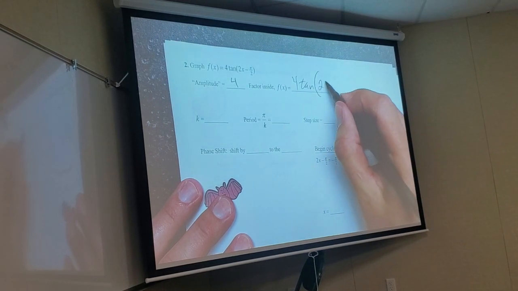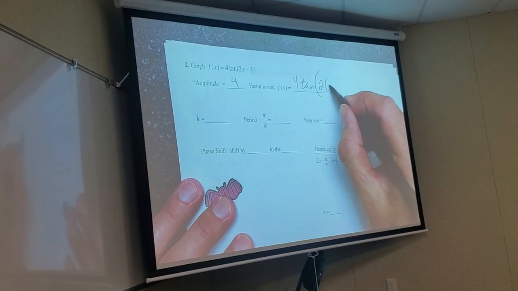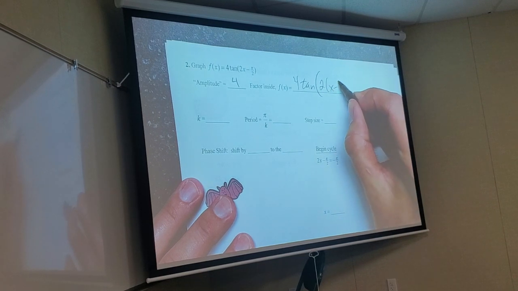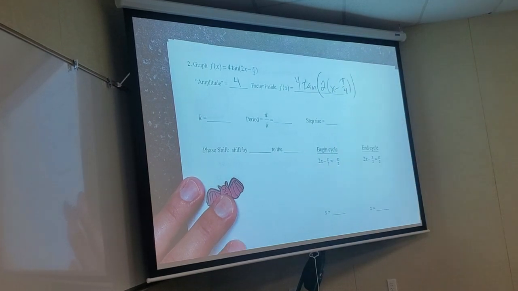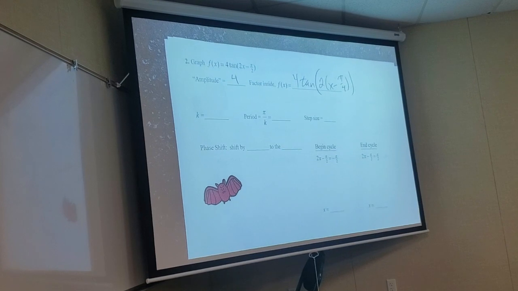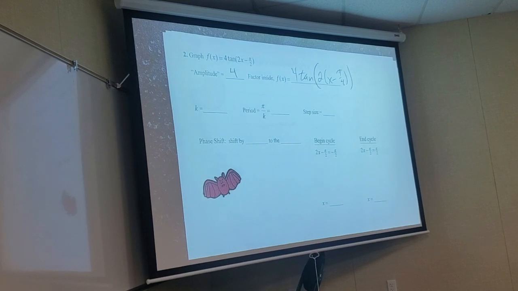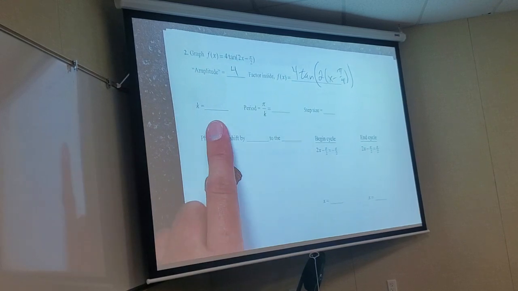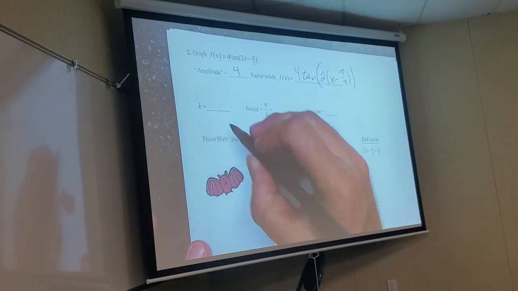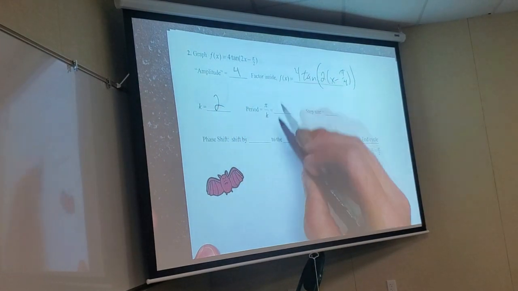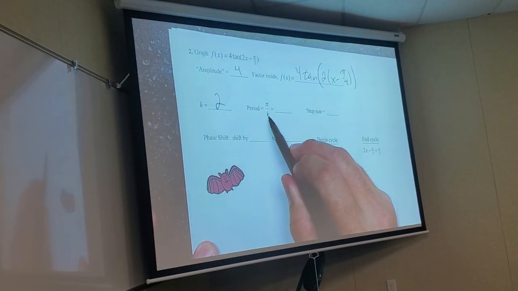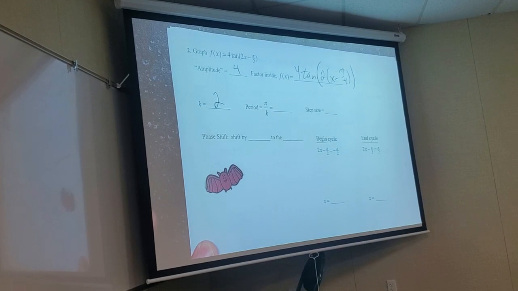All right, what do you get? So far, nothing's really different, right? What's k? 2. The period, again, whatever the original period is, I'm going to divide it by k.